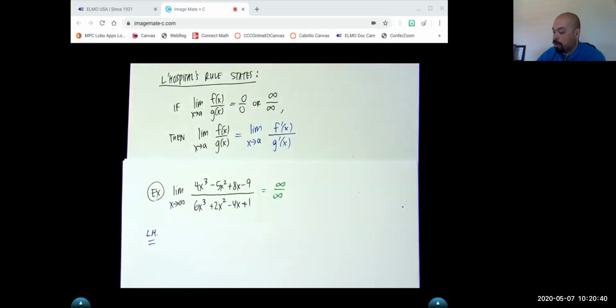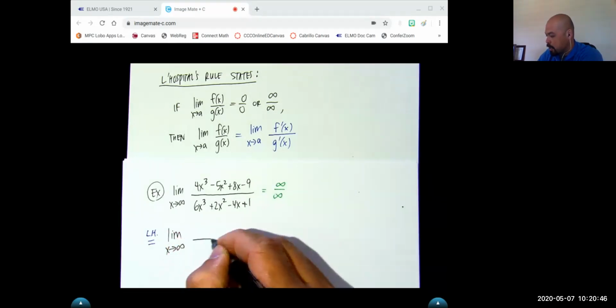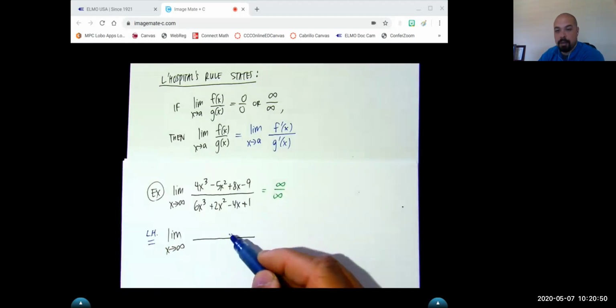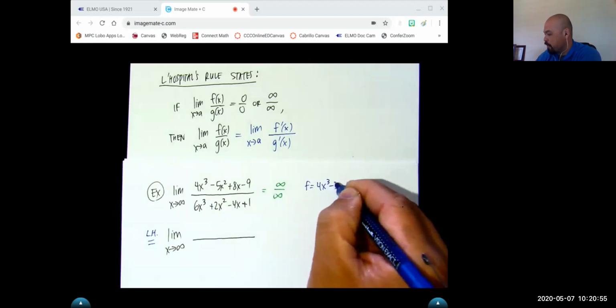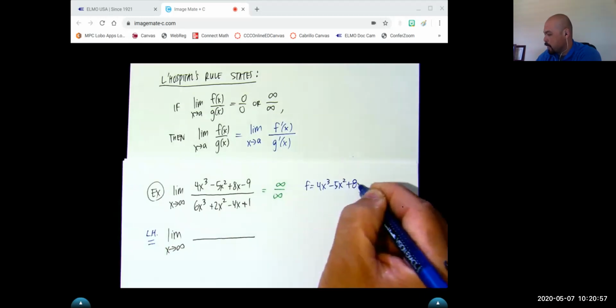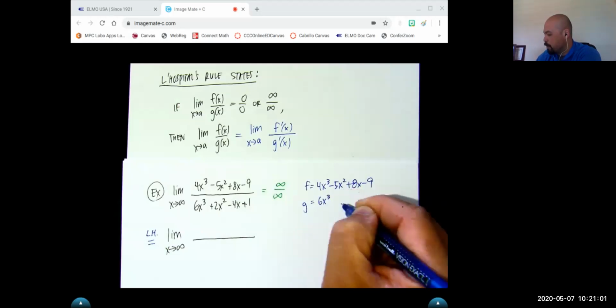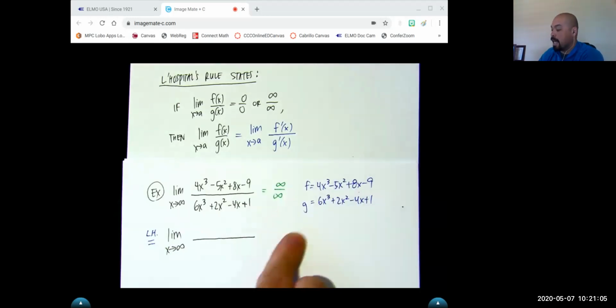Now we're going to keep that limit as x goes to infinity. That limit doesn't change, but now we can differentiate. If my numerator f is 4x cubed minus 5x squared plus 8x minus 9, and denominator g is 6x cubed plus 2x squared minus 4x plus 1, I can take the derivatives.